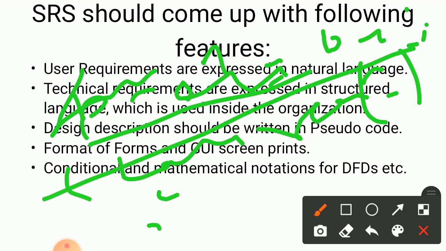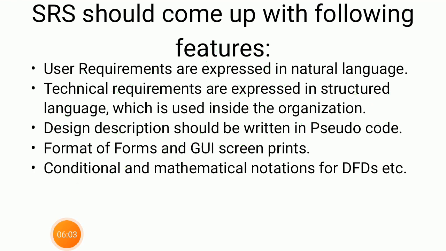We will not be writing the actual code in any language. We just write in pseudocode: for the value of I from 0 to n minus 1, call the function recursion, like that.